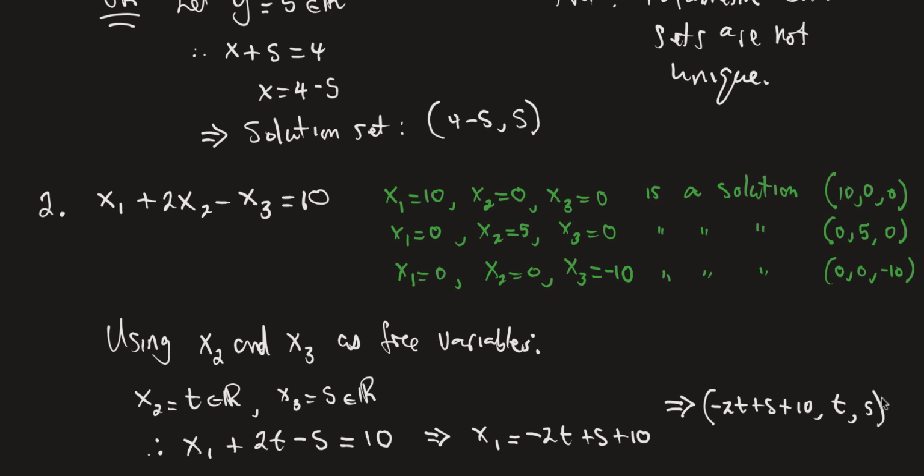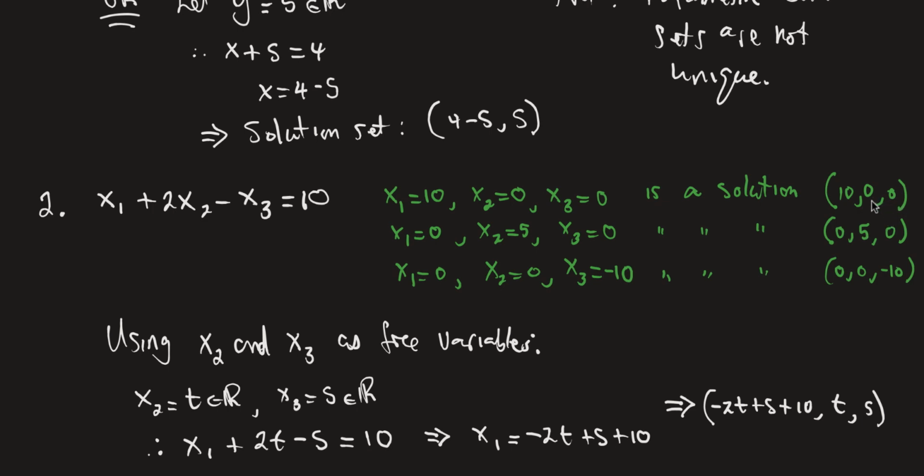And this is my parametric solution set. So every ordered triple where I can put any number here, and then based on those two numbers, I use this formula to figure out what the first value in my ordered triple would have to be, would satisfy the original equation.